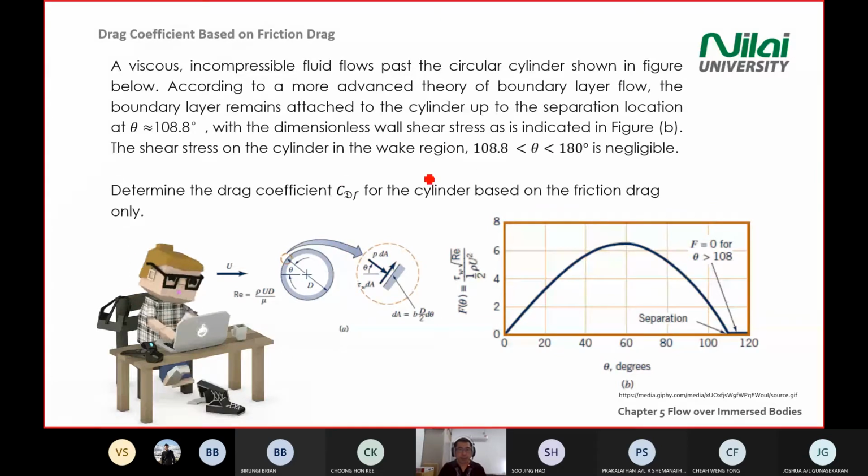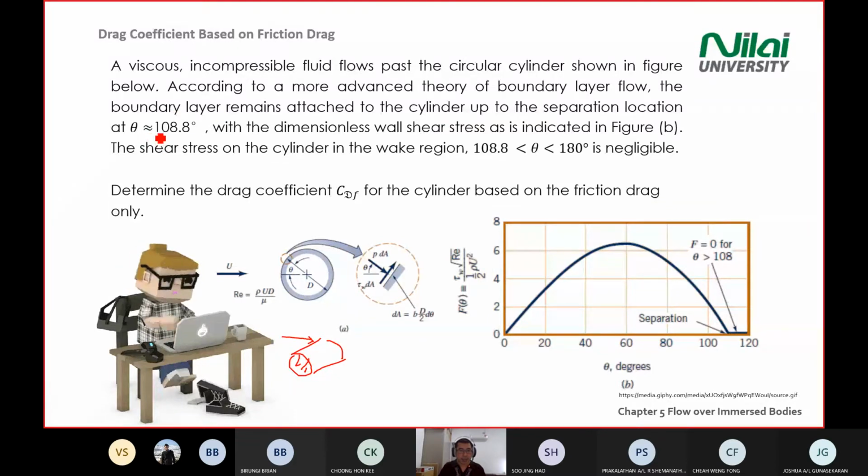You're given a cylindrical object, a solid pipe, and there's a flow across this body. According to a more advanced theory of boundary layer flow, the boundary layer remains attached to the cylinder up to the separation location, which is about here.